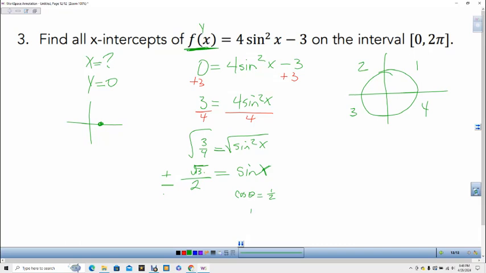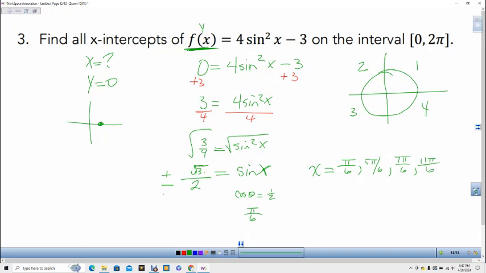Well, that's going to be all over the pi over 6's. So that means we're going to have a sine value that's the square root of 3 over 2 at pi over 6, 5 pi over 6, 7 pi over 6, and 11 pi over 6. So our x values are going to be pi over 6, 5 pi over 6, 7 pi over 6, and 11 pi over 6.